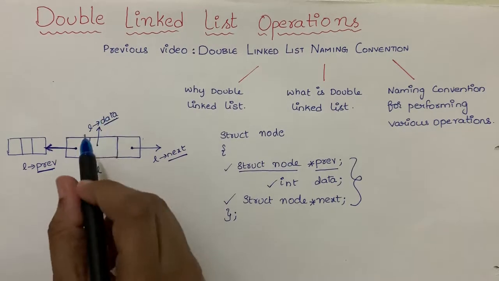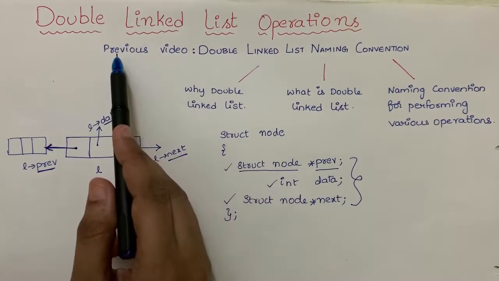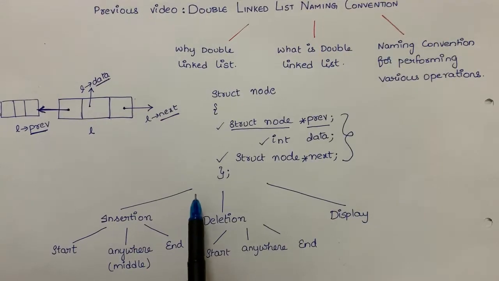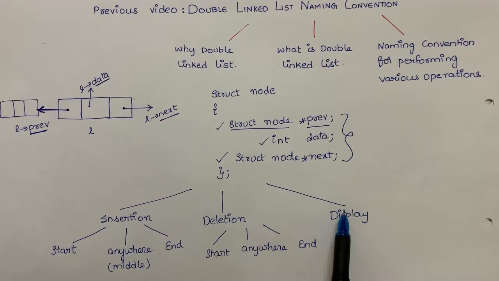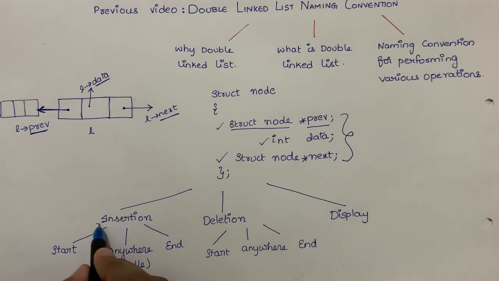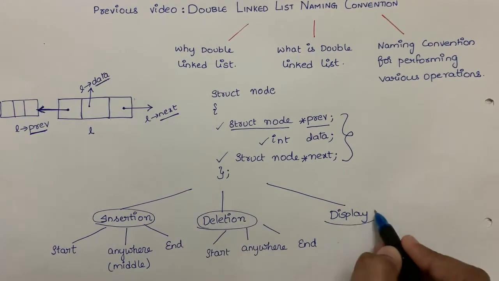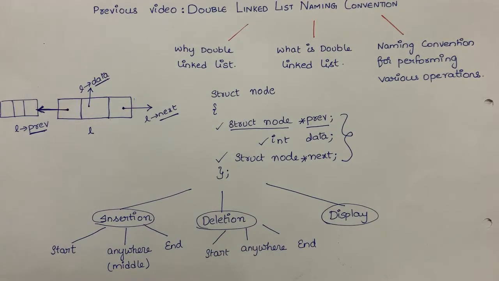Now, coming to the various operations that can be performed on double linked list. These are the three main operations. The first one is insertion, second one is deletion, and third one is displaying the elements in the double linked list.